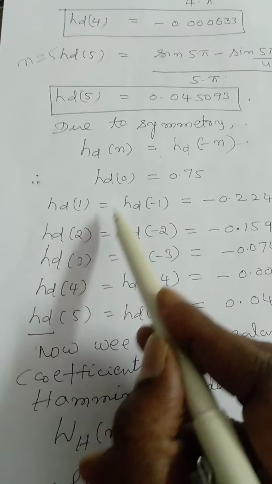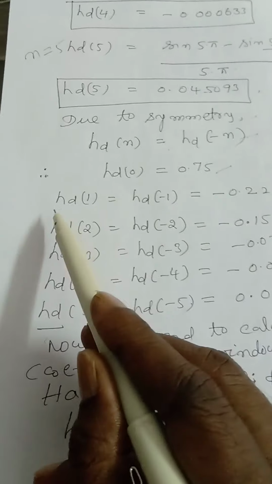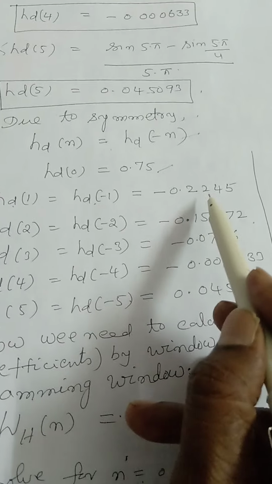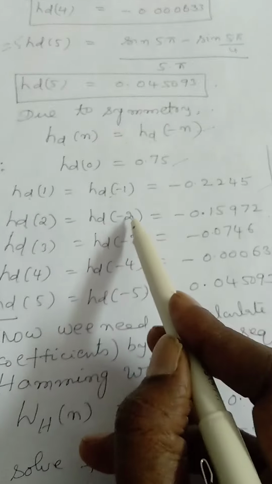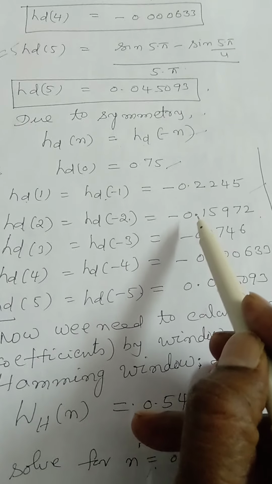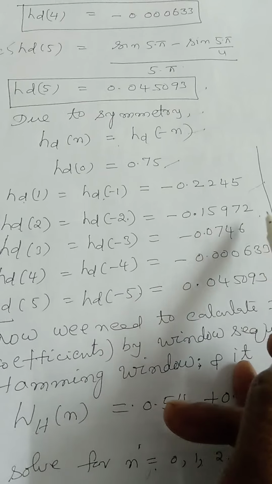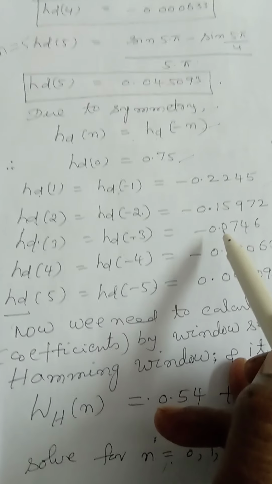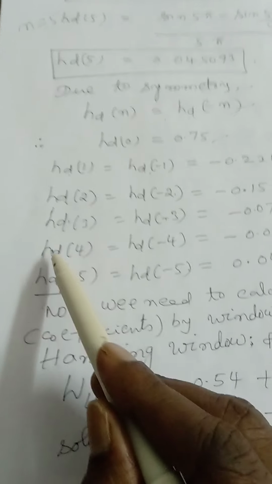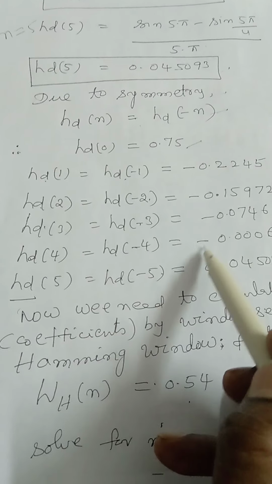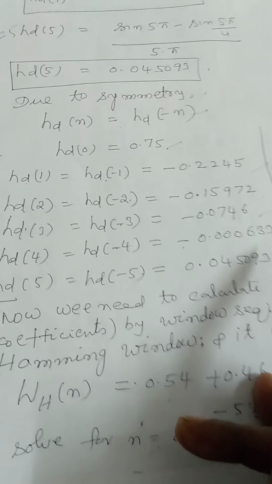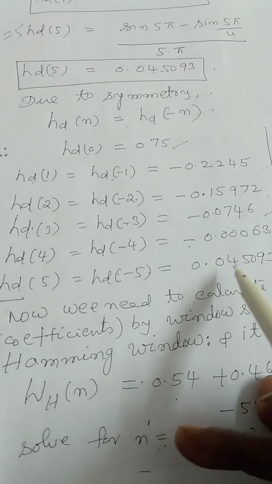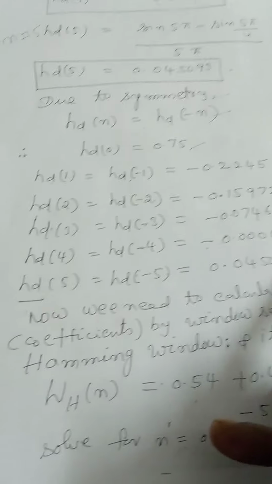Therefore, now you see hd of 0 is equal to 0.75, hd of 1 is equal to hd of minus 1 is equal to minus 0.2245, hd of 2 is equal to hd of minus 2 is equal to minus 0.15972, hd of 3 is equal to hd of minus 3 is equal to minus 0.0746, hd of 4 is equal to hd of minus 4 is equal to minus 0.00633, hd of 5 is equal to hd of minus 5 is equal to 0.045093.